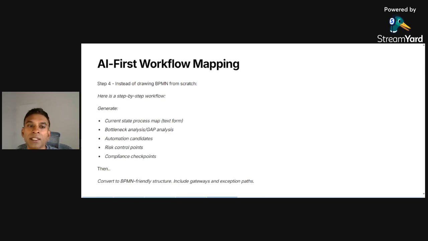And then there is a really important requirement in terms of compliance and privacy, especially with regard to customer data and anti-money laundering, which we call AML regulations in New Zealand. In this region, we pretty much have to pass those compliance checkpoints in order to get your work out there. So that's the workflow mapping that I asked for the BPMN, and I asked it to give me a BPMN-friendly structure, including gateways and all these exception paths.